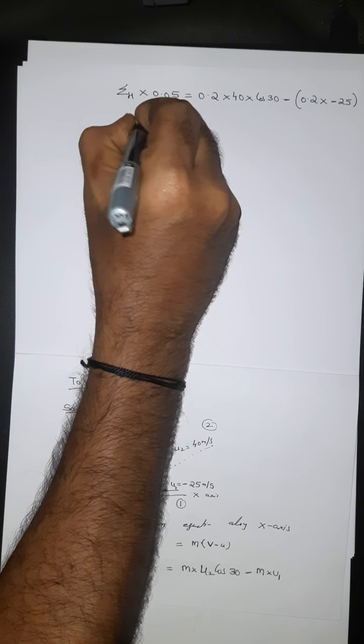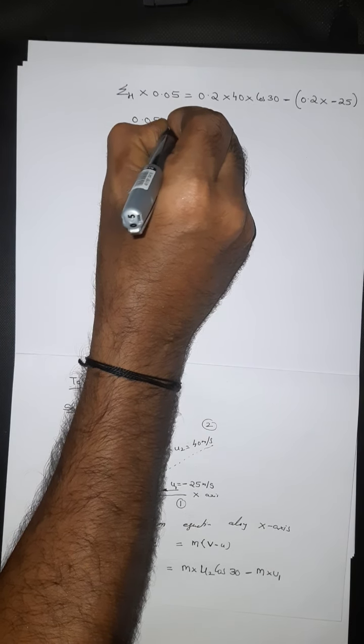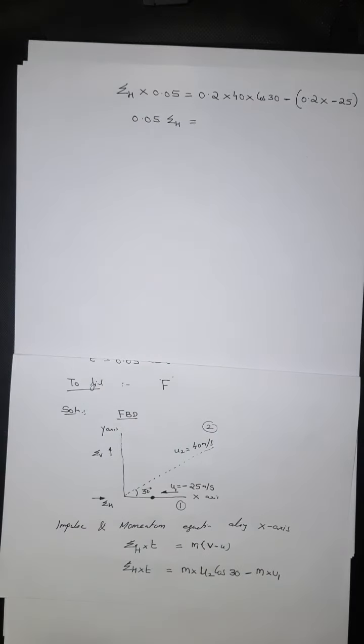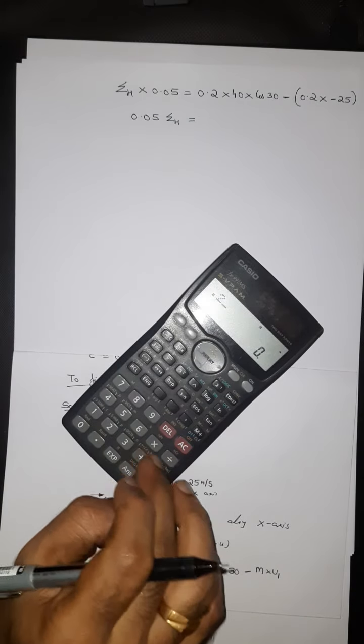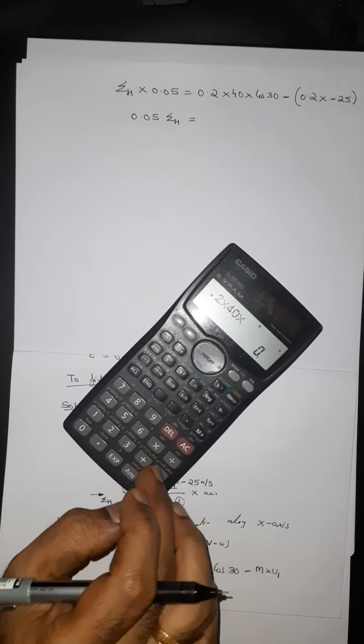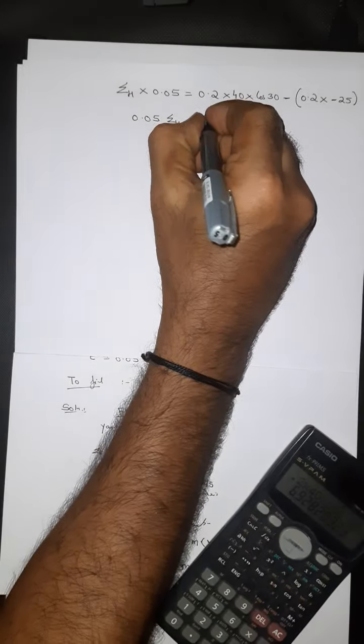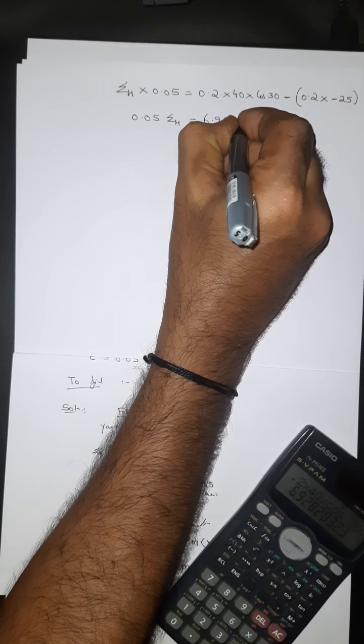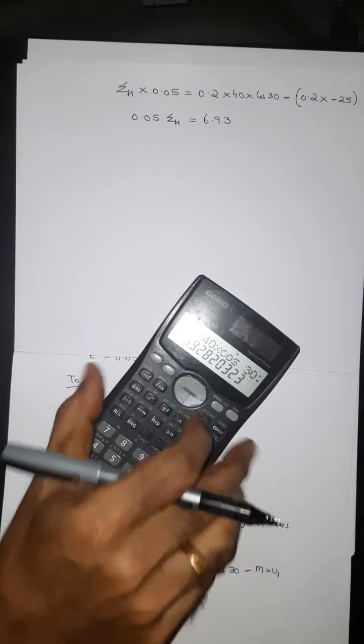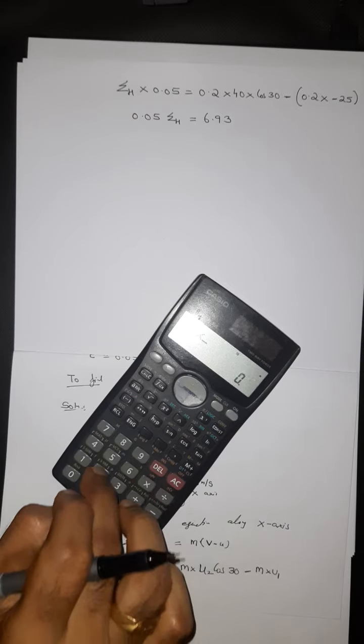So 0.05 summation H equal to 0.2 into 40 into cos 30, which is 6.93, minus minus plus, so 0.2 into 25, 5, plus 5.